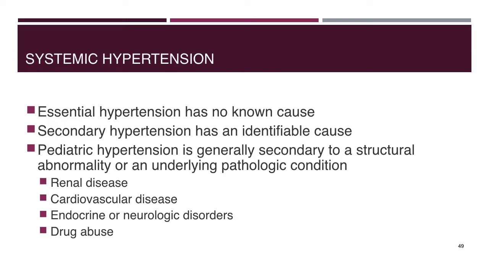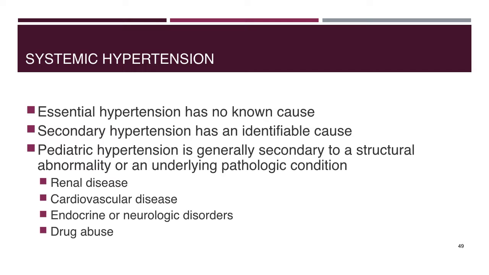So unfortunately, we have some children who also have systemic hypertension. Essential hypertension has no cause. The secondary hypertension usually has an identifiable cause, like an infection or something like that.